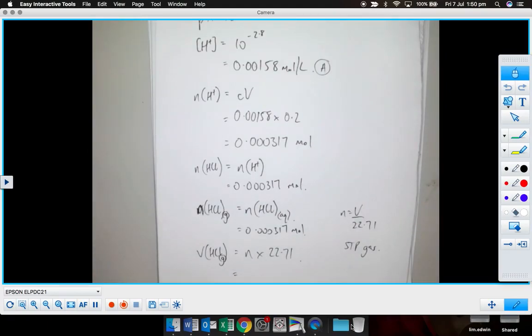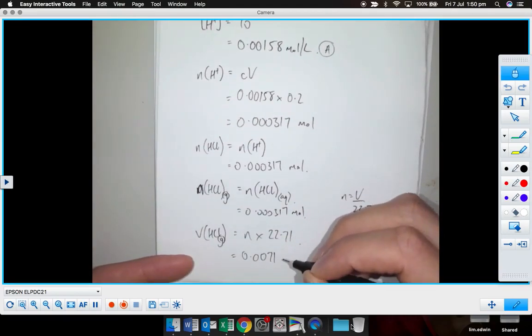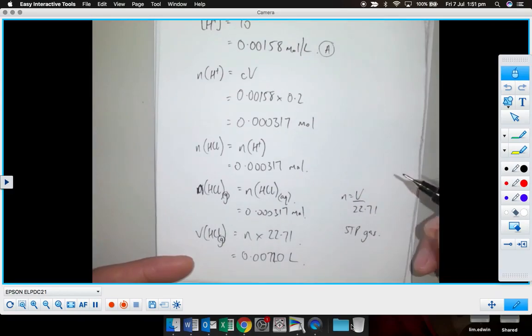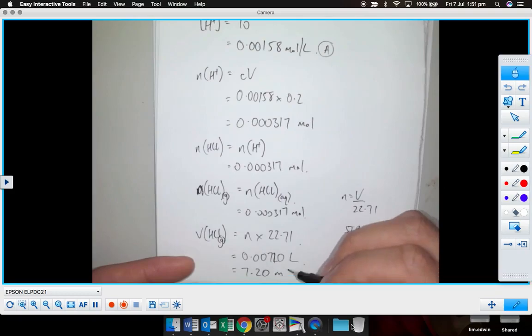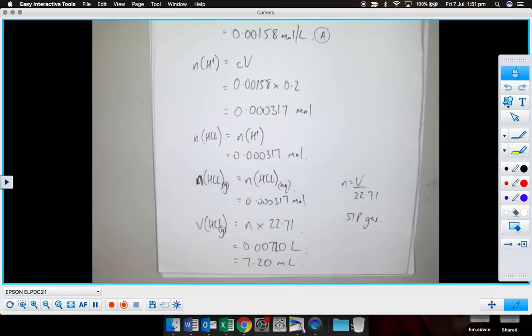So we take that value, times it by 22.71, and we get 0.0071720, and that's in liters, which converts to 7.20 mL. All right. So that's what you would need to do.